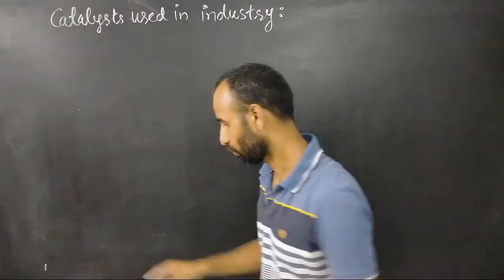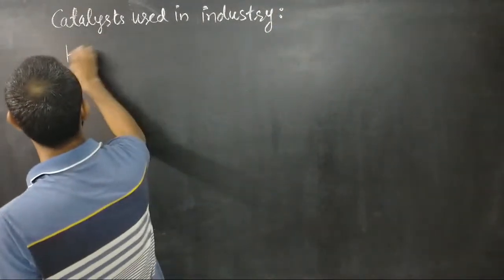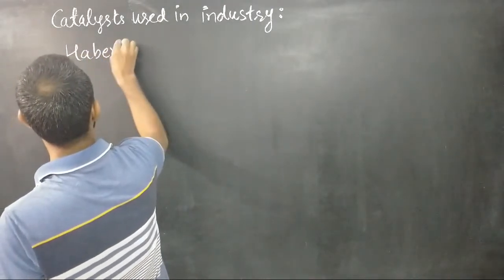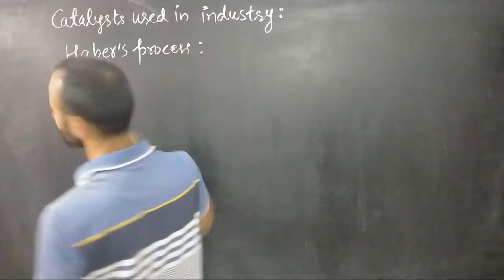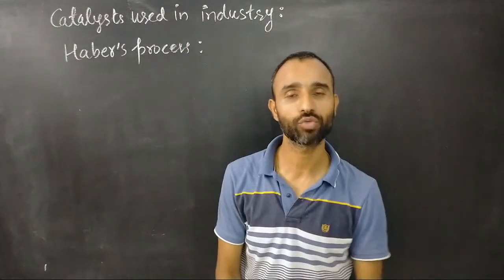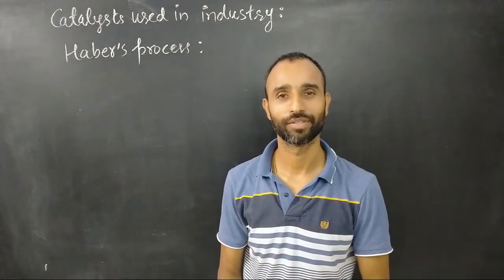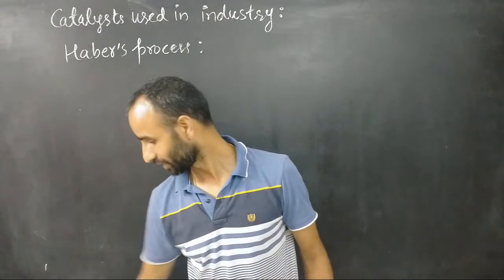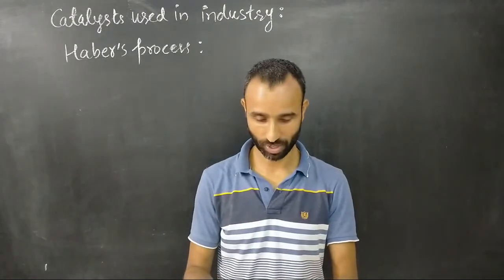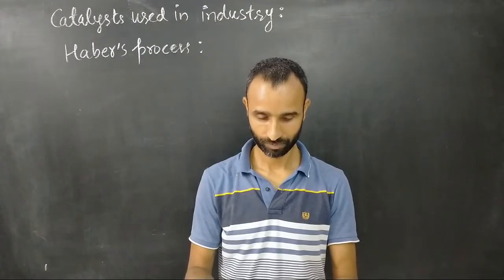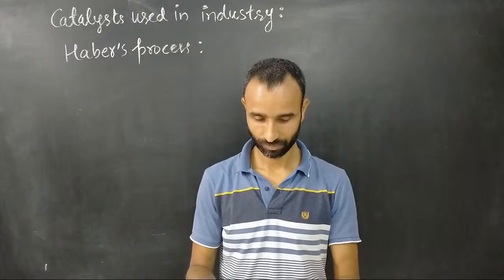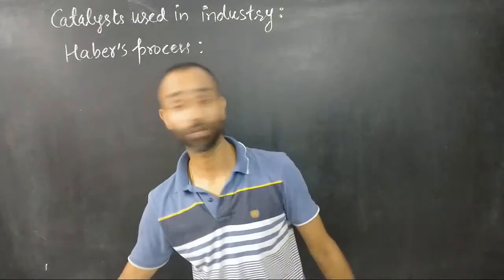Okay, so first is Haber process. Yes, tell me, Haber process is used for what? ये तो हेबर प्रोसेस तो आपने अच्छे से किया हुआ है. बोलो हेबर प्रोसेस में क्या क्या होता है?